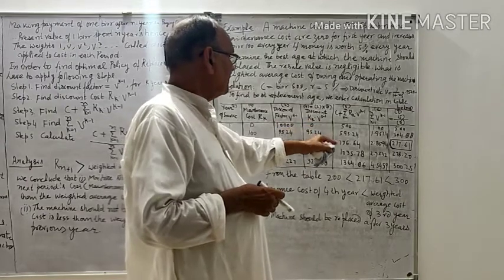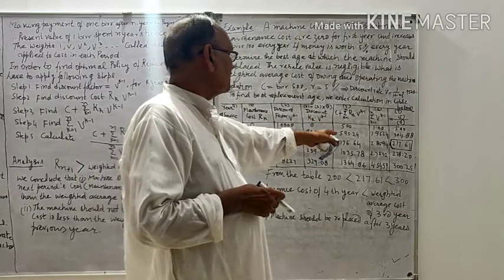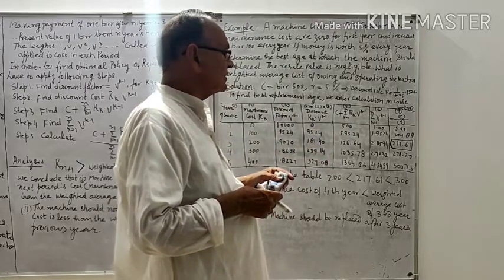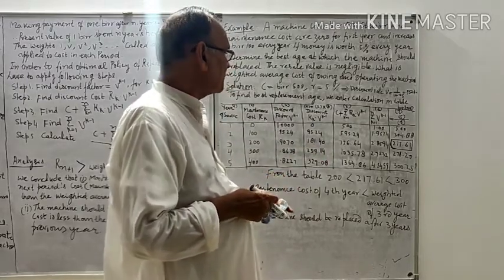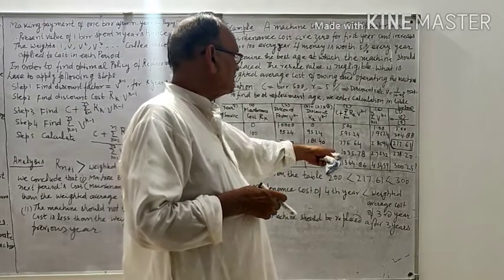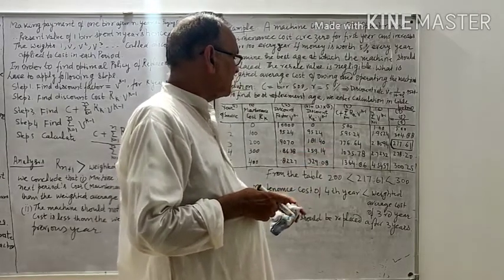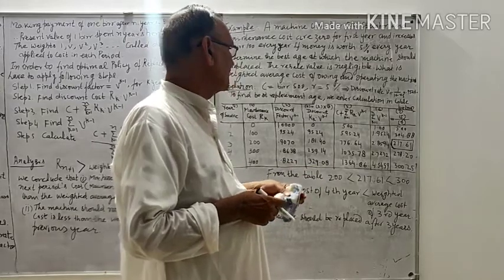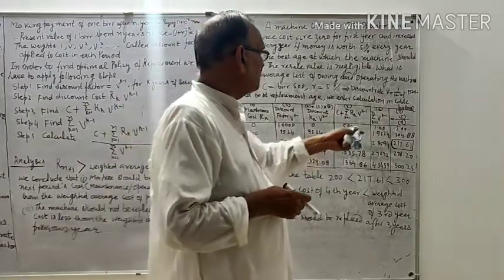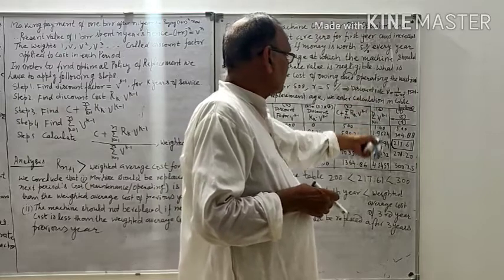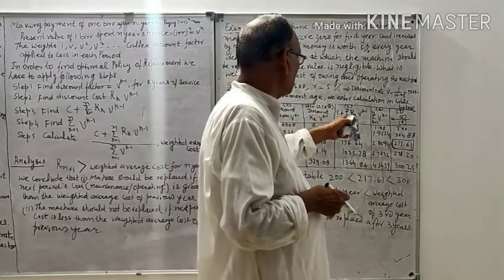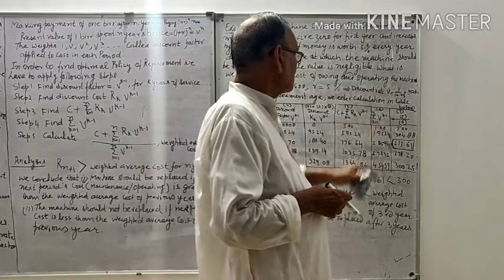So 500, then 500 for the second year, 595.24, third year 776.64, then 1035.78, 1364.86. And now the total of weights, because we have to divide this C plus the sum by this total weight.